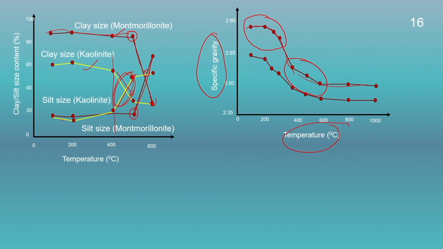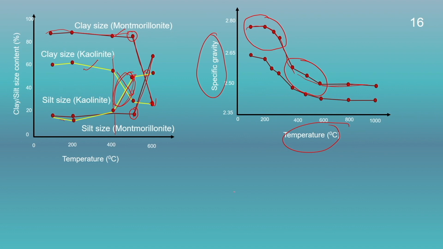Therefore, a large amount of weight reduction takes place, and therefore, the specific gravity of the soil decreases at around 400 to 600 degrees centigrade, and beyond that there is a marginal change in the specific gravity.